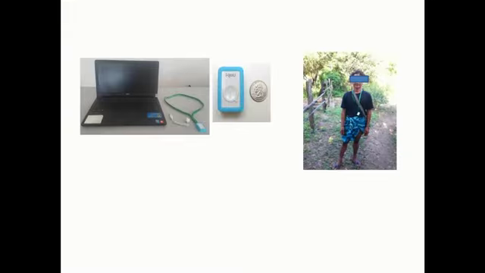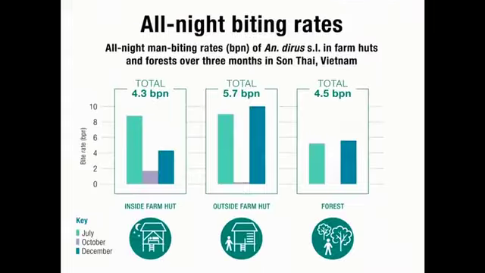Here you have a picture of the GPS tracker that we put onto the folks who were going into the forest, and we could track where they were sleeping so we could go back and collect samples at those sites. And here, this is about the all-night biting rates.